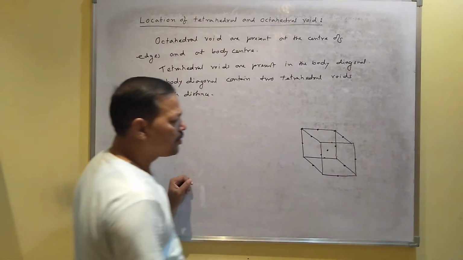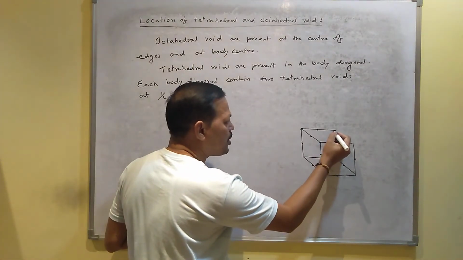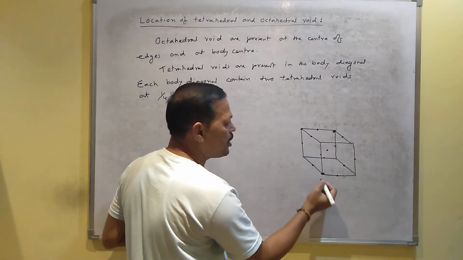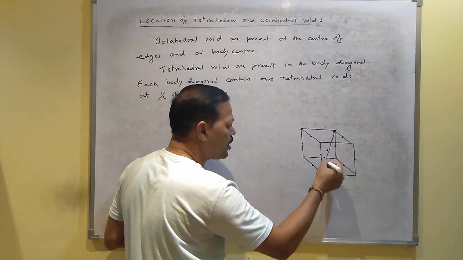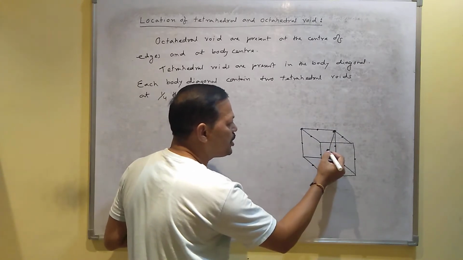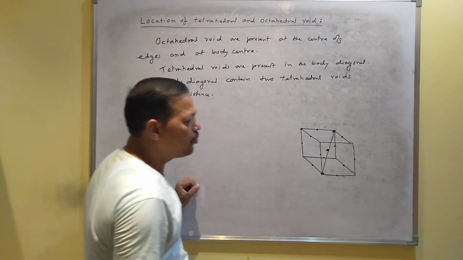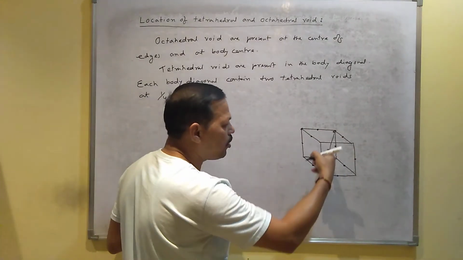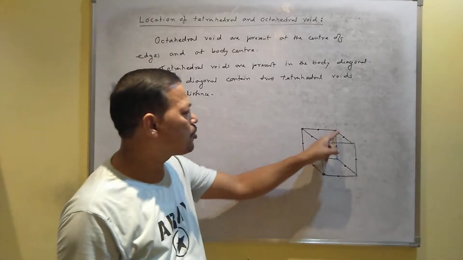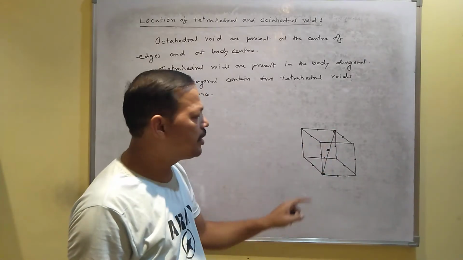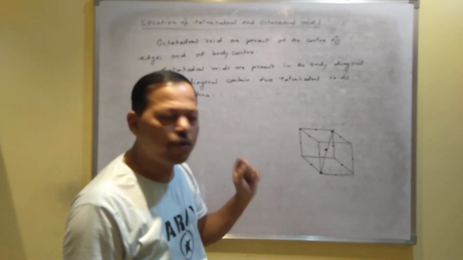As you know, this is one of the backside corners and this is one of the front side corners. When you draw a line from the backside corner to this front side corner, the line goes through the body, I mean through the center of the cube. This is called the body diagonal. When you draw a line from one corner to another corner through the body, that diagonal is called a body diagonal.